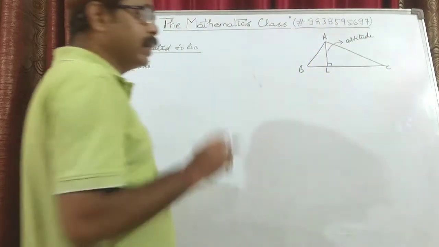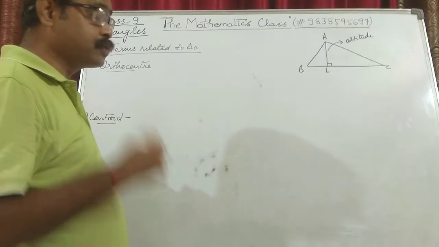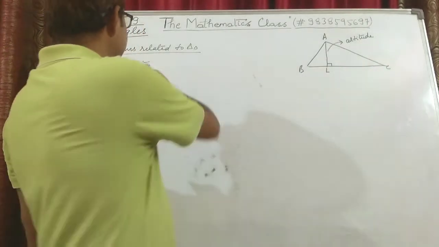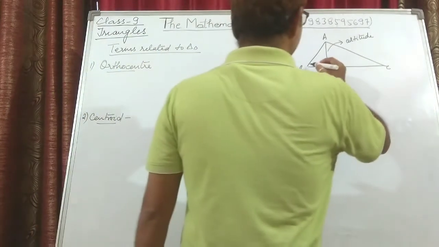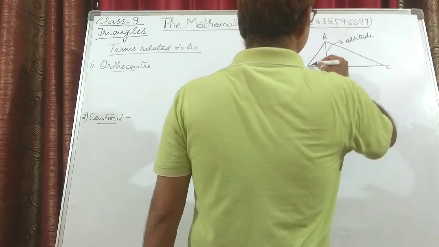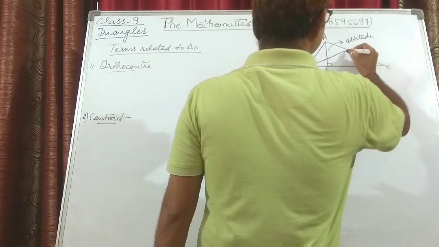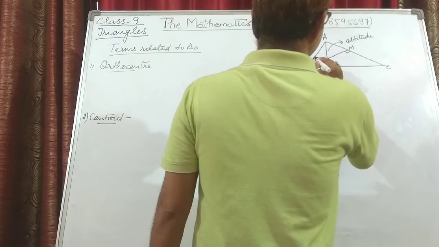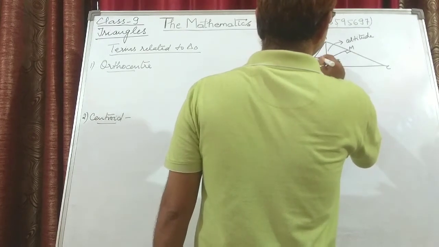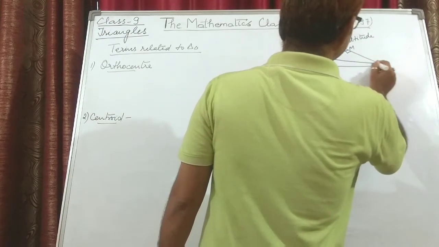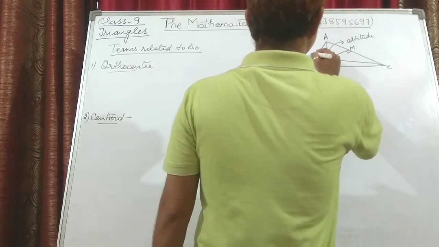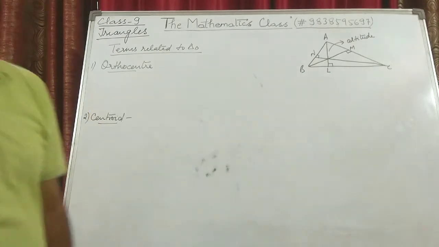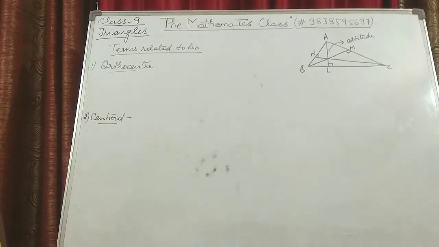Now, the point where all the altitudes meet in a triangle is known as orthocenter. Suppose I draw one more perpendicular, let us name it as M, and let there be a perpendicular like this, N. So you can see that all these are meeting at one point.